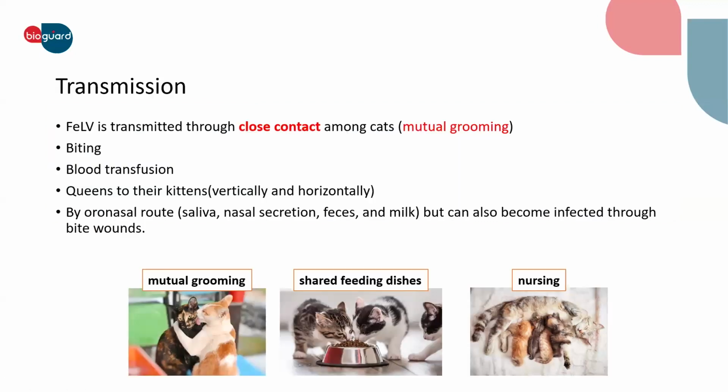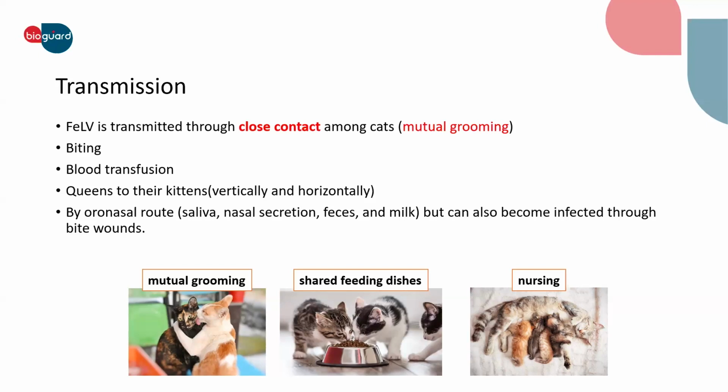And the transmission we just mentioned previously is mainly through close contact, especially mutual grooming because of the saliva exchange. Although biting is not the main transmission route, biting may still cause transmission. And of course, blood transfusion also.